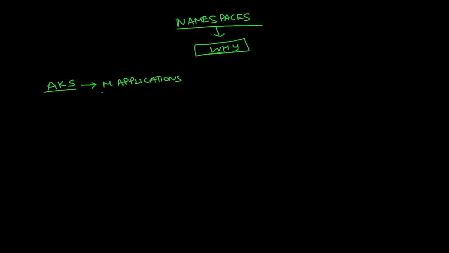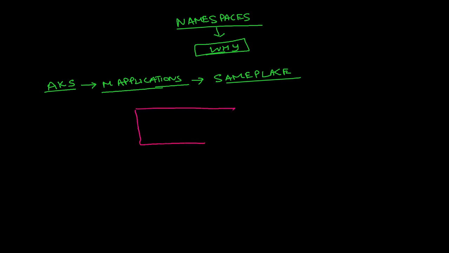Do you think it would be a good idea to deploy all the applications at the same place? This is my AKS cluster. Do you think this AKS cluster is going to be used by only one application? The answer is no. It would be shared among different applications.